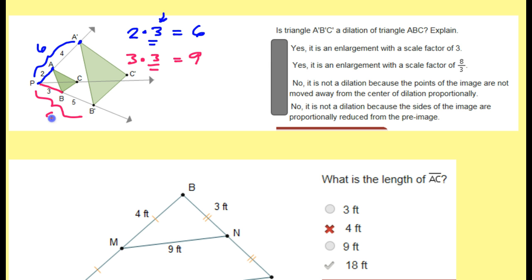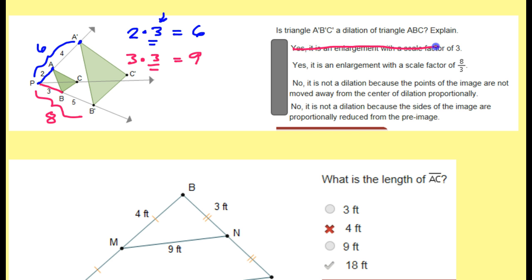The new distance here is 8. So this is not a scale factor of 3. The new distance is not triple the original distance like it was over here. So that means this is not a dilation because it does not have the same scale factor.